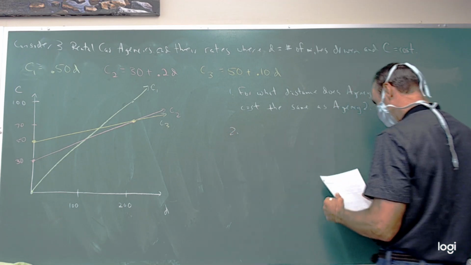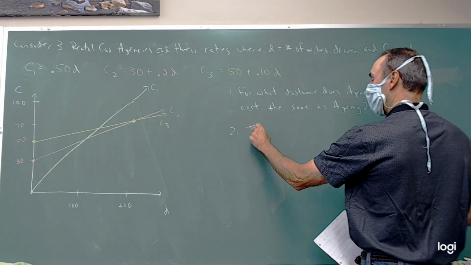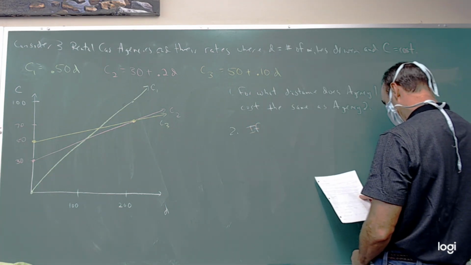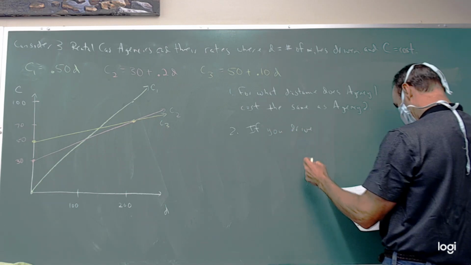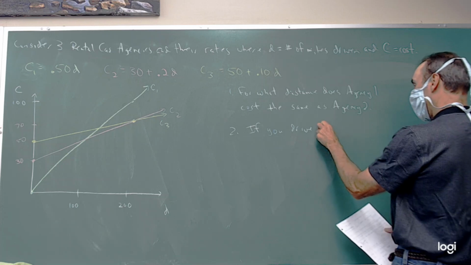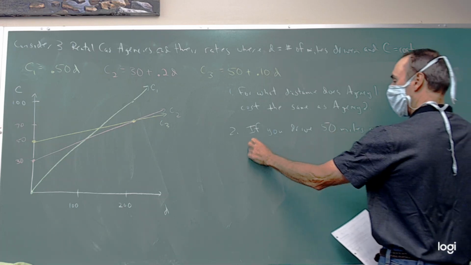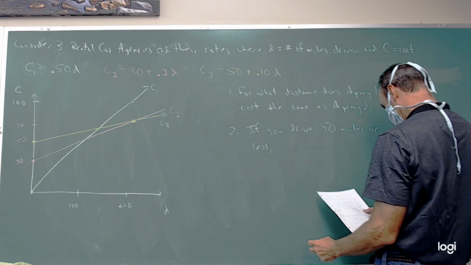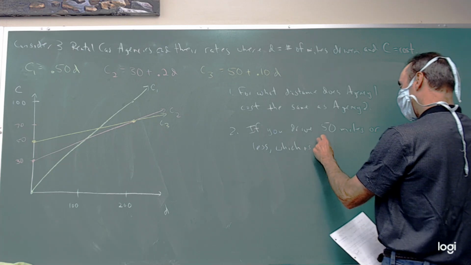I'm going to ask all my questions so you can be chewing on them, and then we'll come back and try to resolve them. If you drive 50 miles or less, which option is your cheapest?